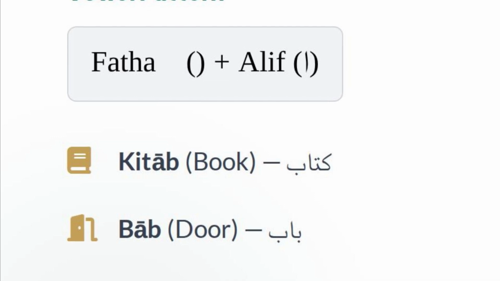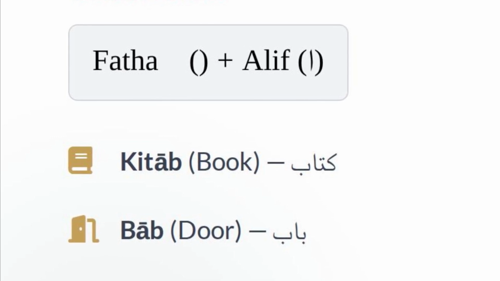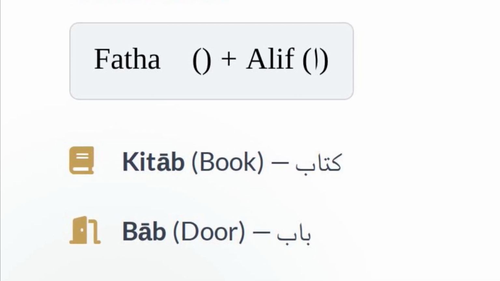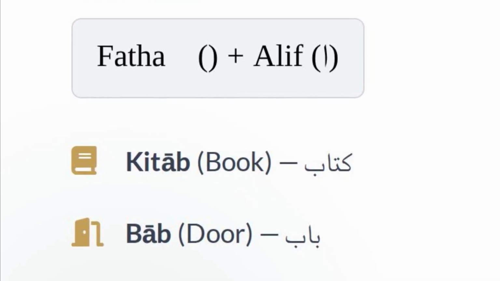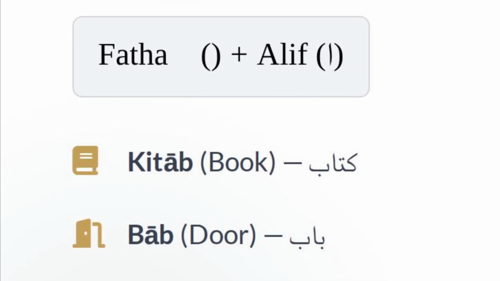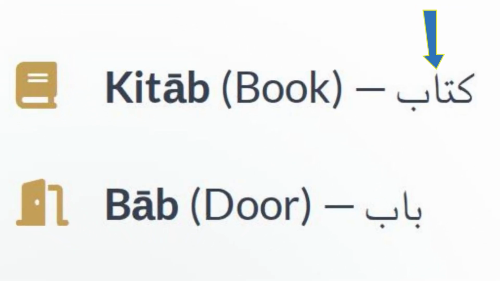For example, here we have kitab. As you see, after the letter ta, we have that alif. This is the long alif, the long vowel. So this word goes like this: kitab, kitab.